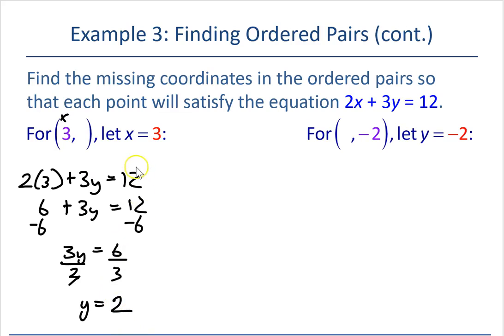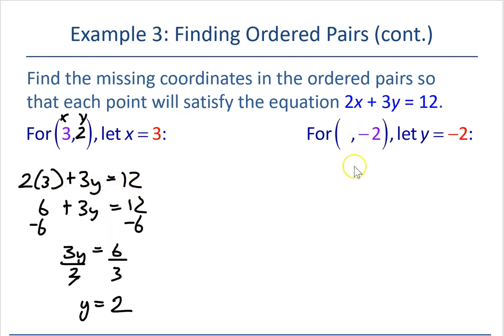Well, now we know that the y for this would be 2. So if we plotted this on a graph, okay, we'd plot 3, 2, and then we could come in here and go, okay, well, 3, 2 satisfies this equation. If I plot these 2 points into this, I will always get 12 at this point.